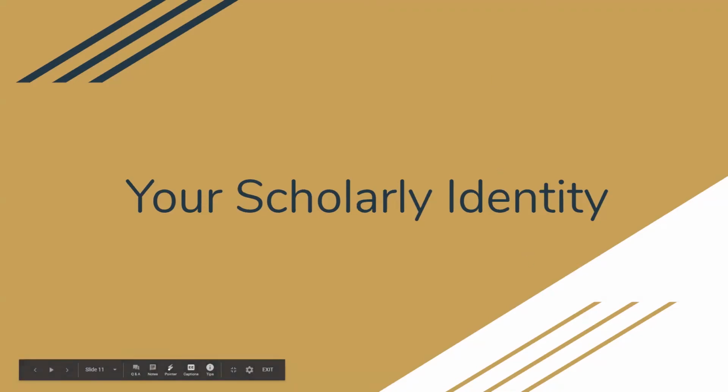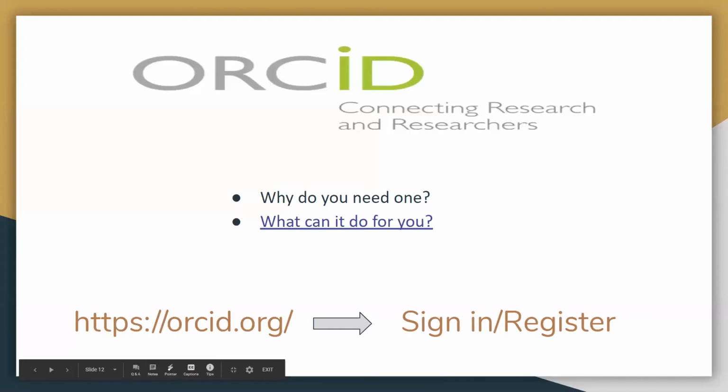Welcome to part 2, in which we will talk about your scholarly identity and academic social networks. So ORCID, you can think of this as like a researcher's personal DOI, just like you would see on a journal article or perhaps a book chapter.